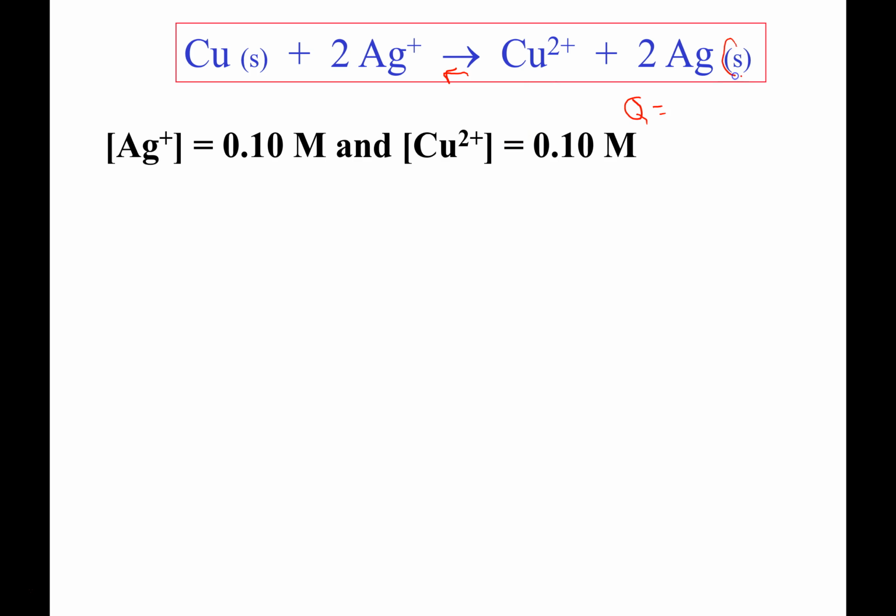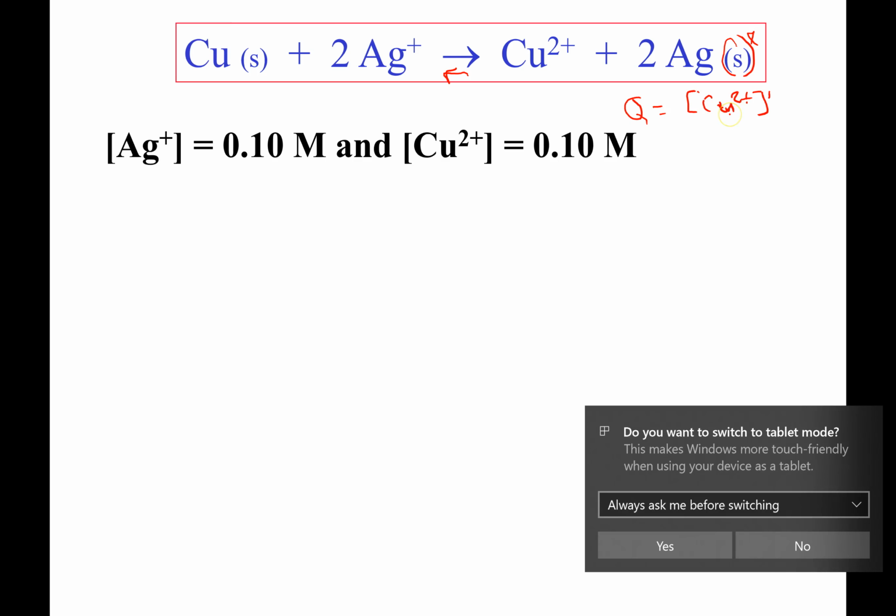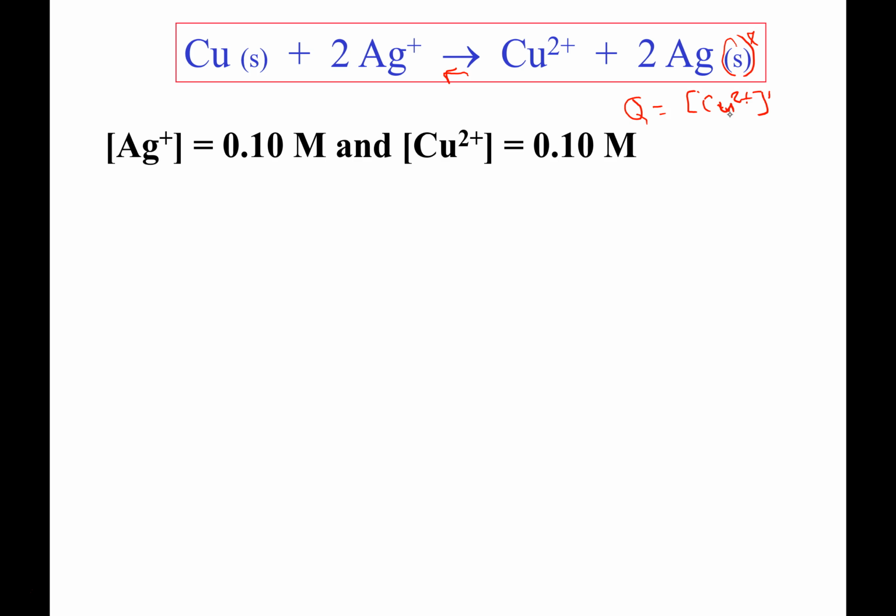So now remember, if it's a solid, it doesn't appear. So we have Q is equal to the molar concentration of Cu2+. Its stoichiometric coefficient is 1, raised to the first power, divided by the molar concentration of the reactants raised to their stoichiometric coefficient.